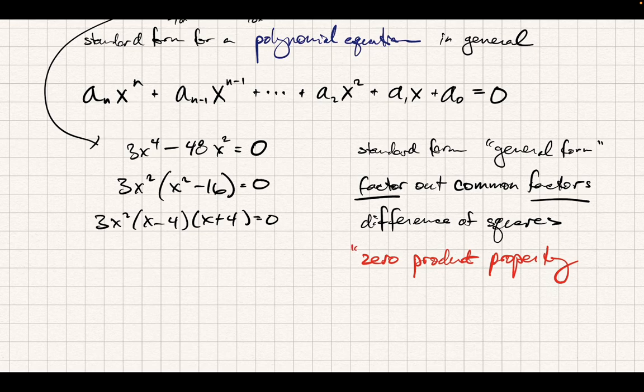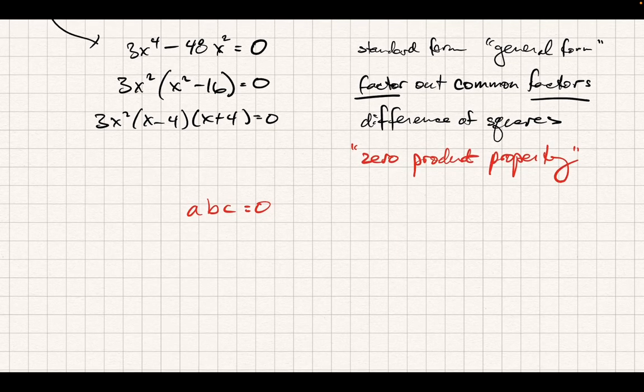The zero product property tells me if I have A times B times C equals 0, A equals 0, or B equals 0, or C equals 0, or maybe any 2 or any 3. So I'm going to split this up into 3 different equations, because of my zero product property.